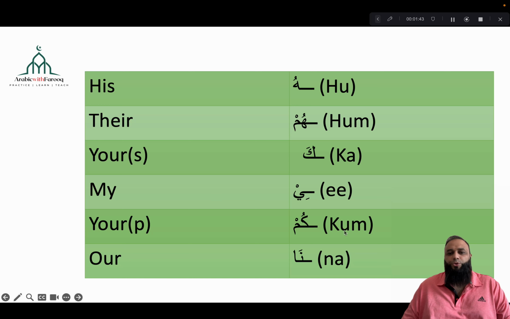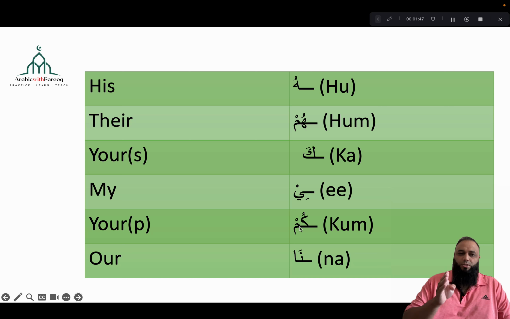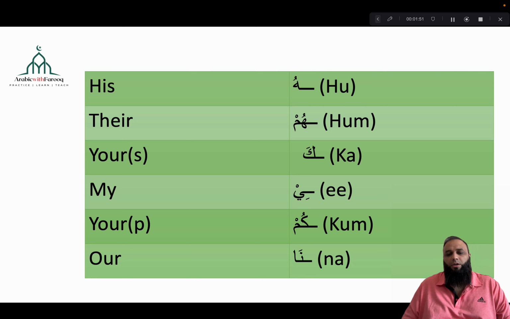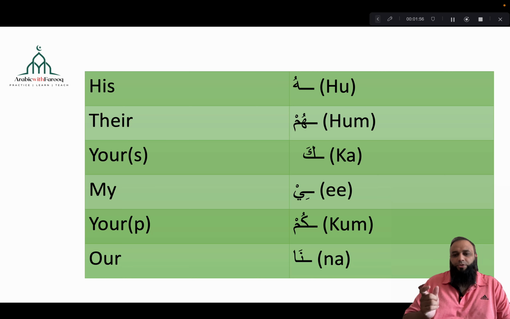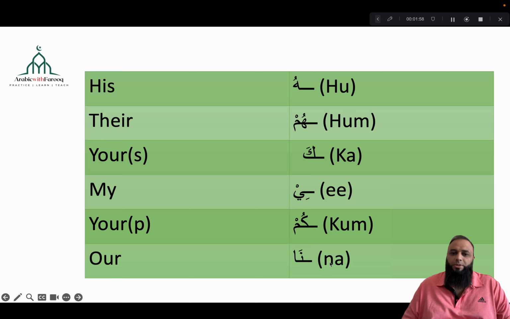And then you have kum. Kum is basically yours when you say plural, so you would add kum at the end of the word. And then the last one is na, which is basically ours.